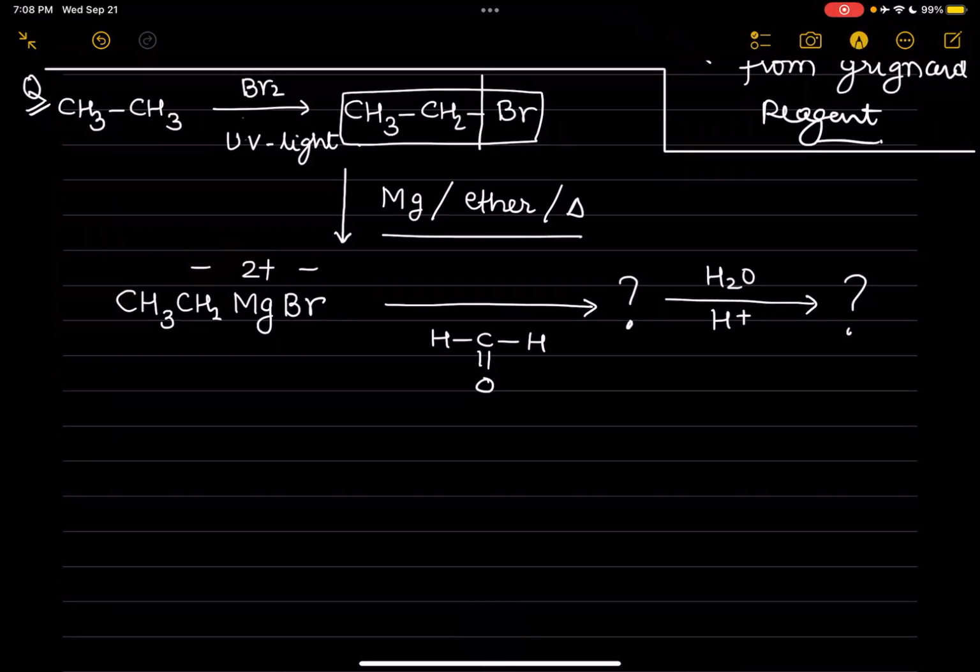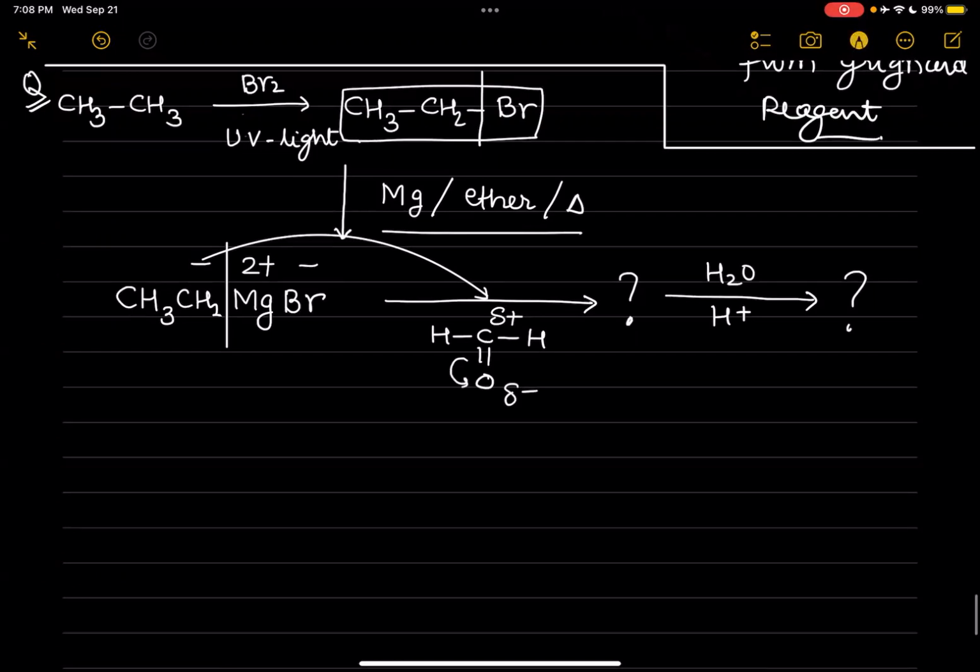So what happens then? If you took an aldehyde, Anushka, the carbon of the aldehyde is plus, right? And the carbon of the Grignard is minus. So that carbon of the Grignard is going to come and add on the carbon plus of the aldehyde, and I need to remove one pi bond.